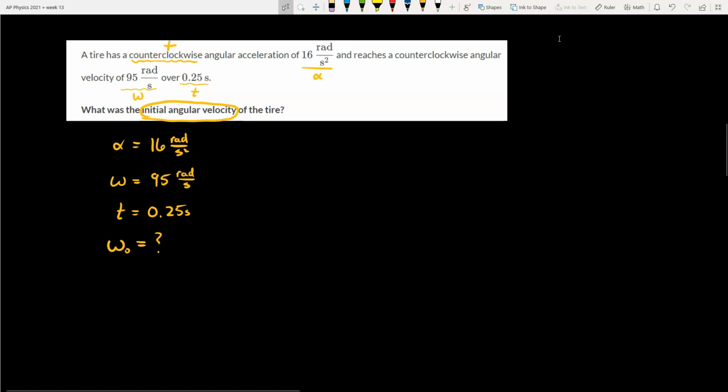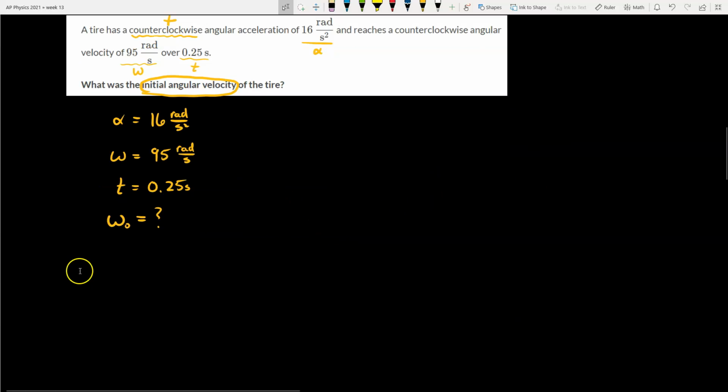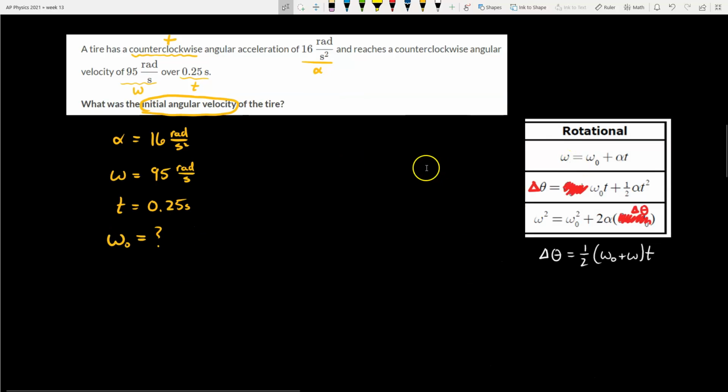So we can take a look at our equations and see which ones will actually work with the values we have. We do not have any displacements or anything, so it looks like it's going to be the very first equation that we can use. So we can set it up. Right, we're being asked to solve for initial velocity, so I'm going to rearrange this equation so it's equal to initial velocity.